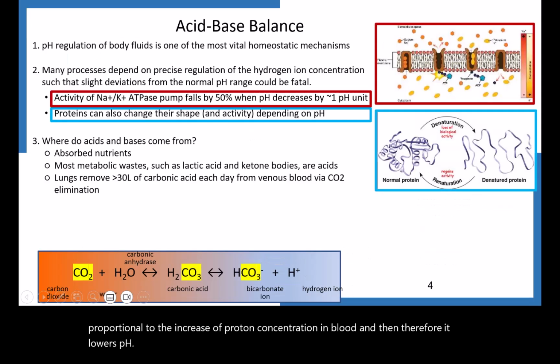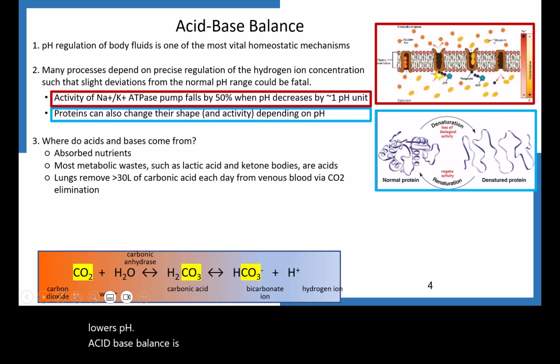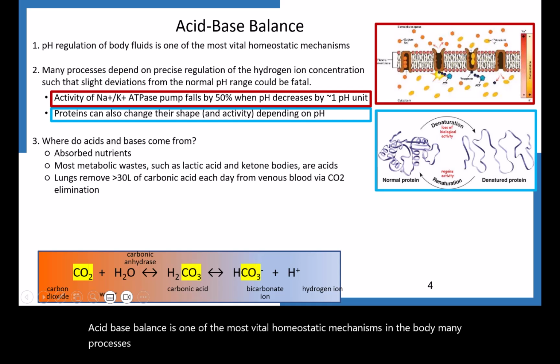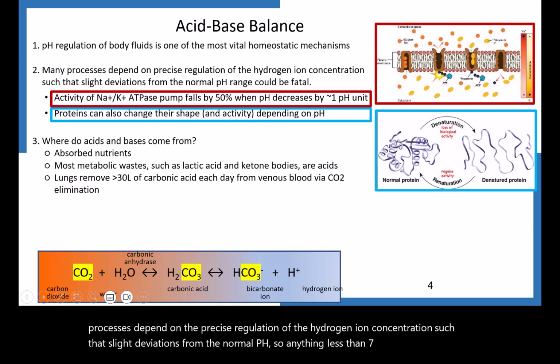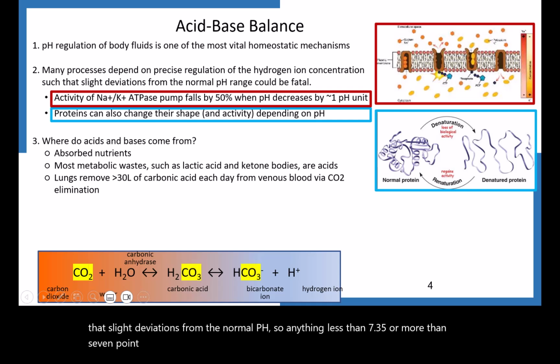Acid-base balance is one of the most vital homeostatic mechanisms in the body. Many processes depend on the precise regulation of the hydrogen ion concentration, such that slight deviations from the normal pH, so anything less than 7.35 or more than 7.45, could be fatal.